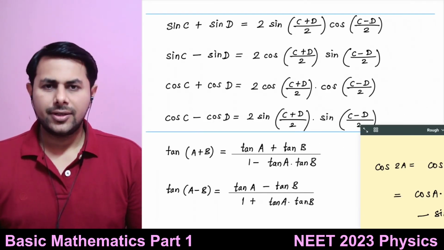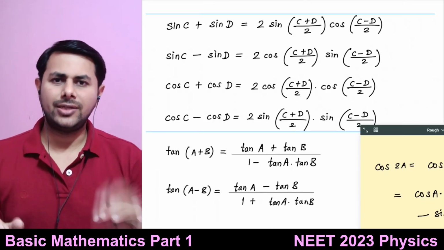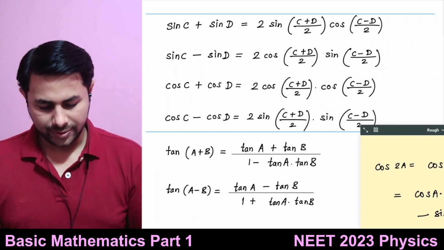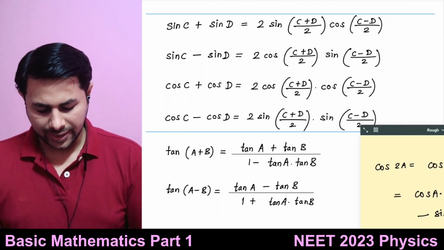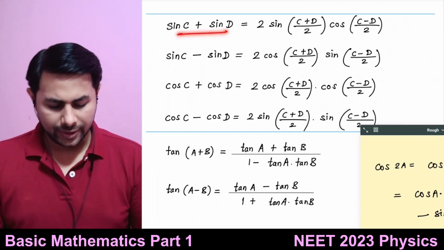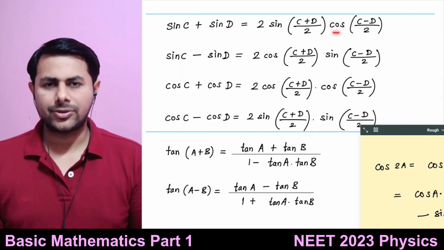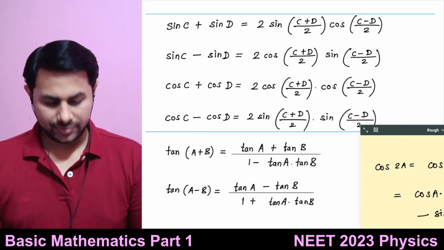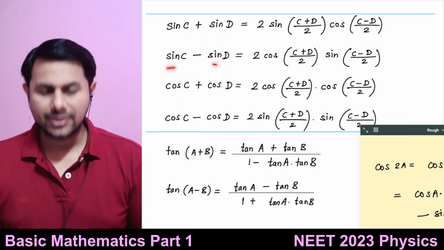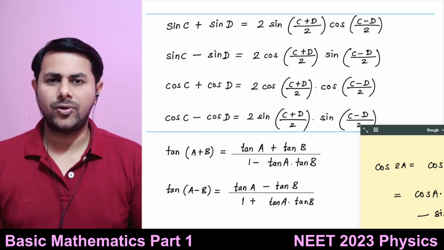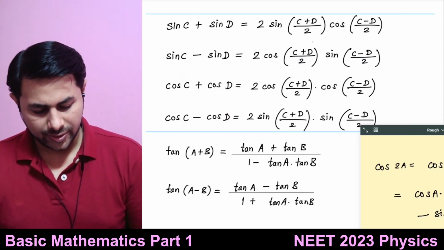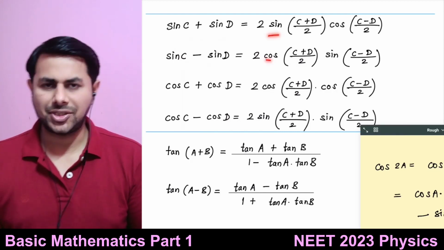After that we have sine of some angle plus sine of some other angle. So sine c plus sine d, the formula for that is 2 times sine of c plus d by 2 multiplied by cosine of c minus d by 2. Sine c minus sine d is 2 times cos of c plus d by 2, sine of c minus d by 2; see here the order of sine and cos has changed.